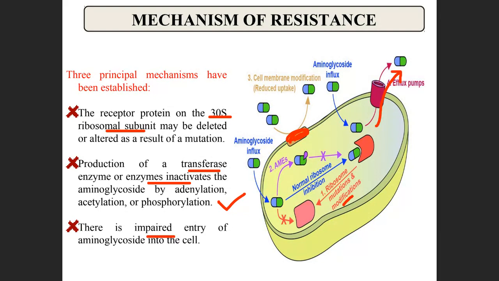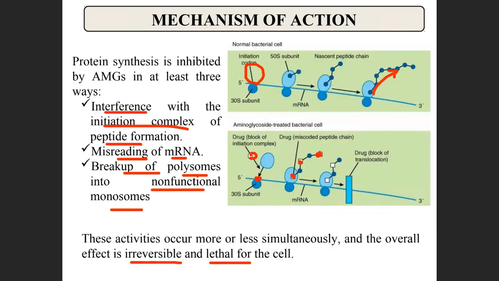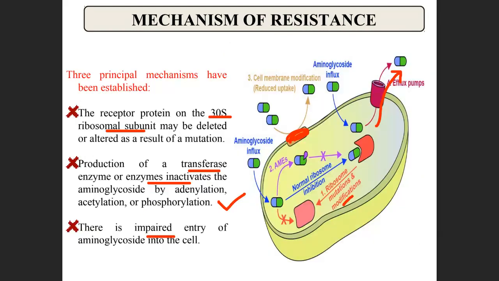It will throw the drug out of the cell. So these are the mechanisms by which the bacteria is trying to protect itself from the drug, and this is the mechanism by which the drug is trying to attack the bacteria and kill the bacteria.